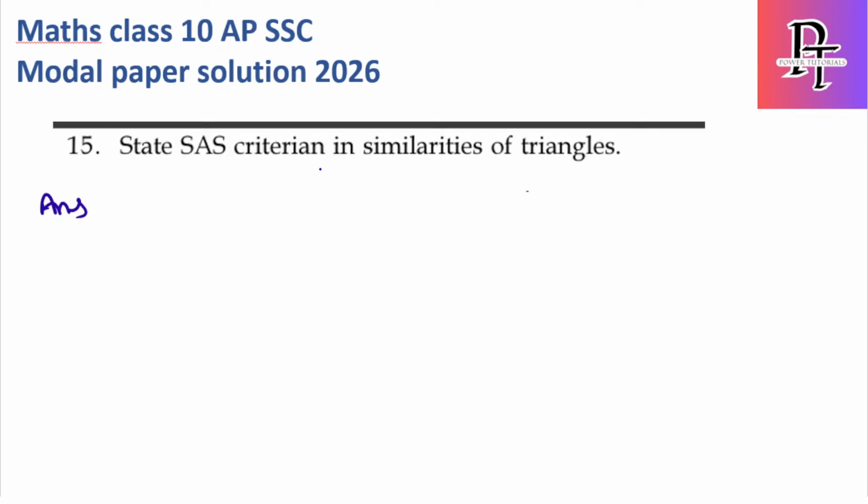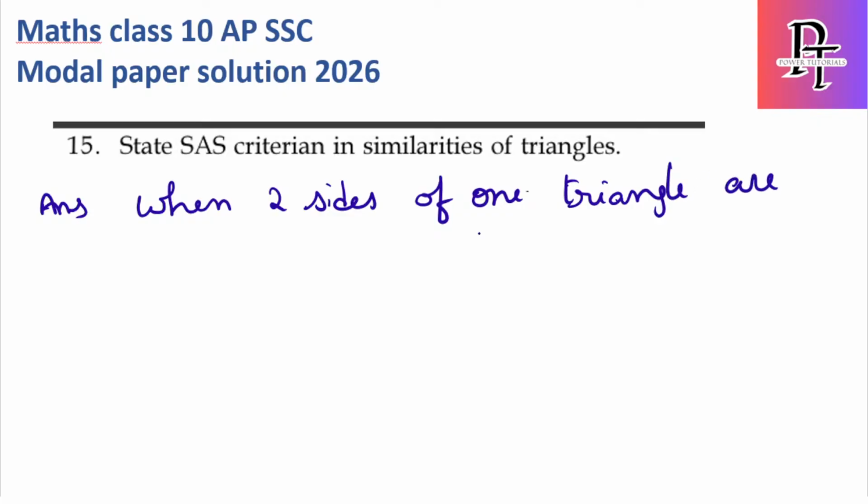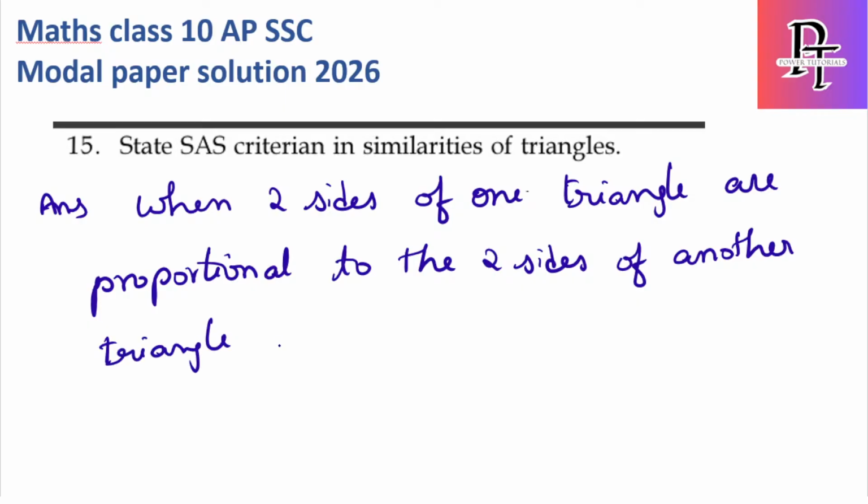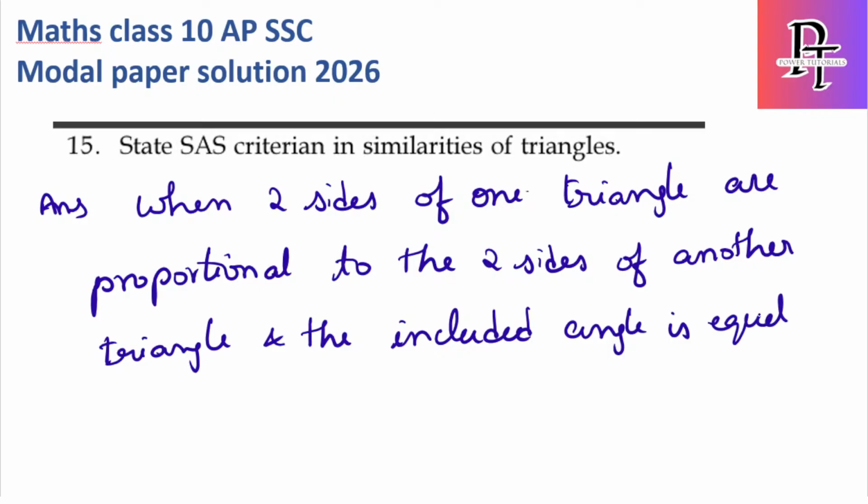The triangle diagram they haven't mentioned, so it should be that when two sides of one triangle are proportional to the two sides of another triangle, and the included angle is equal, then the triangles are similar.